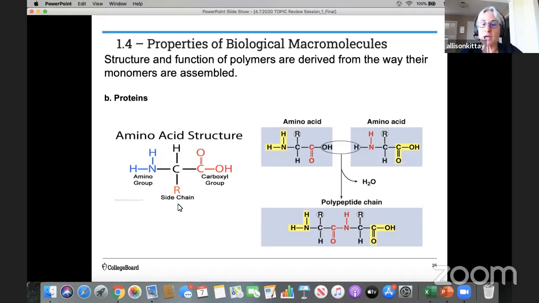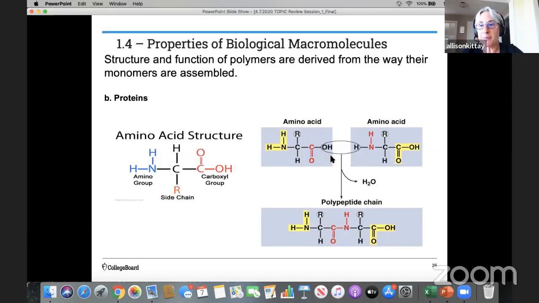So let's take a look at a condensation or dehydration synthesis reaction that is used to build a polypeptide. So here's our first amino acid, and here's our second amino acid. And again, we've got our amino end and our carboxyl end.